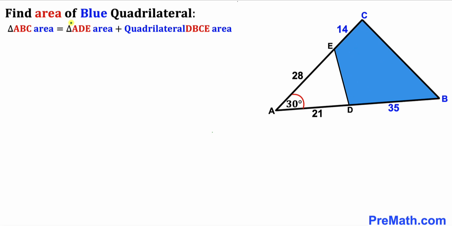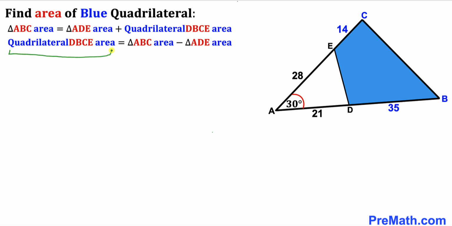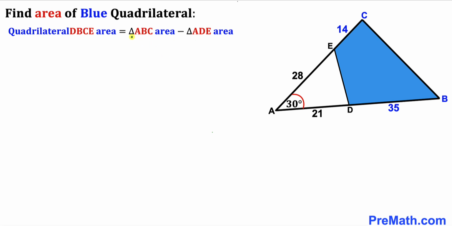If we move the area of triangle ADE to the other side, then the area of quadrilateral DBCE is equal to the area of triangle ABC minus the area of triangle ADE. So our task is to calculate the area of the big triangle ABC and then the area of triangle ADE in order to calculate the area of this blue shaded quadrilateral DBCE.